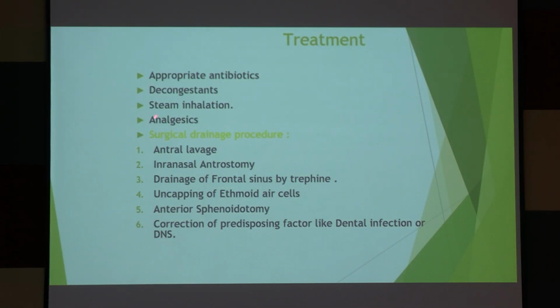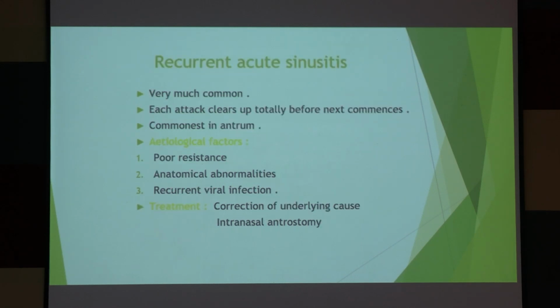Appropriate antibiotic, decongestion, steam, extremely important, analgesic, and sometimes if the ostium is blocked, drainage pathway is completely blocked, we can have some surgeries like antral lavage, intranasal antrostomy, some trephination of the sinuses and drainage of the sinuses, and proper endoscopic sinus surgery, so that we can drain the infected sinus.